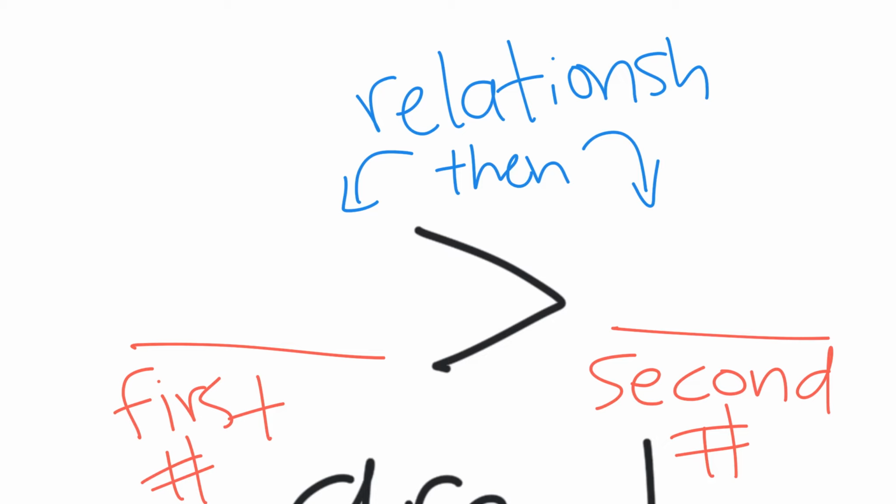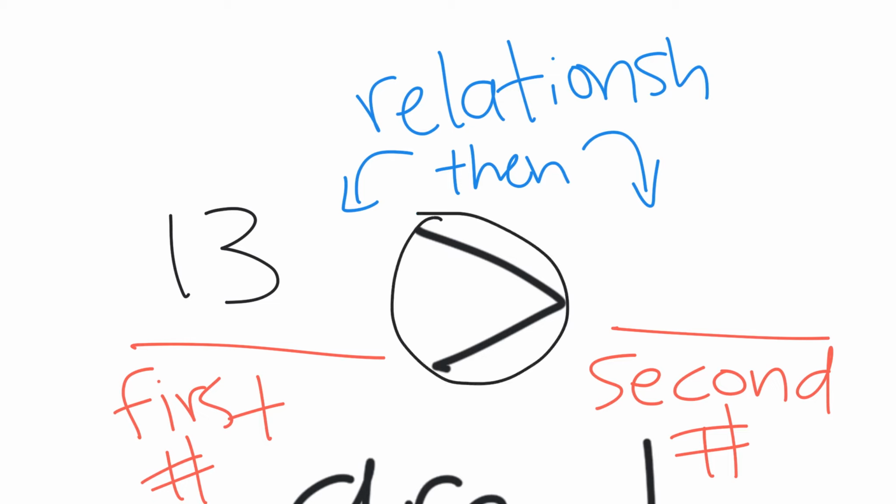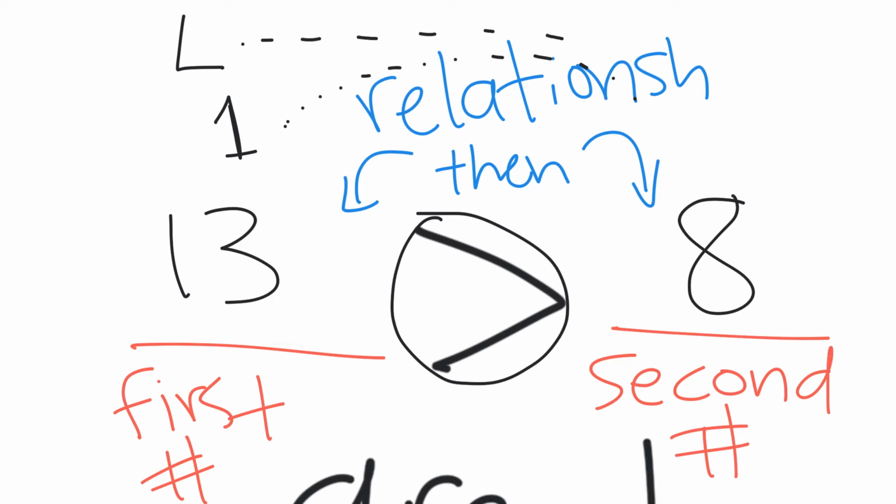So if we take that same example of 13, 13 is greater than, because this symbol is greater than, so we start at the first side, and then we make our way over here. Is greater than has to be a number that's smaller than 13, so let's say 13 is greater than 8. So it always references whatever is on the left and then works its way over to the right, just like it were a sentence.